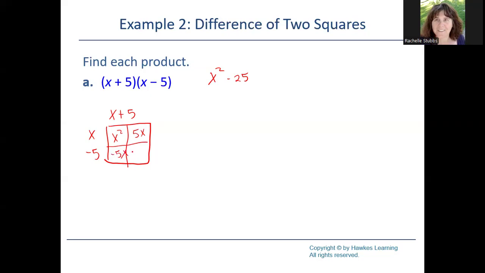And negative 5 times 5 is negative 25. These middle terms, the same term, but they're opposites of each other. They'll just cancel out to 0, and I'm left with x squared minus 25. So I can recognize quickly, and I've done that because I've had lots of practice doing it, that it's really just x squared minus 25, or I can even box it or FOIL it or stack it.